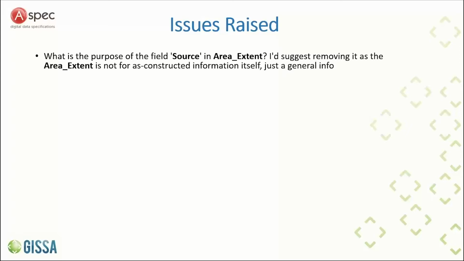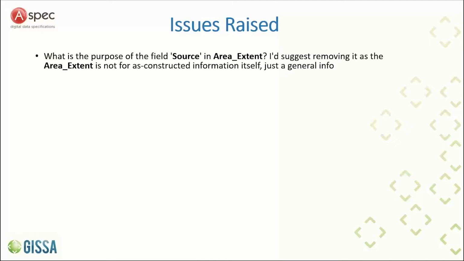Well, one of the clarifying notes is that in the area of work extent, if the source field is different for each of the asset tables that you're creating, then you populate in that asset table what the source is of that asset.